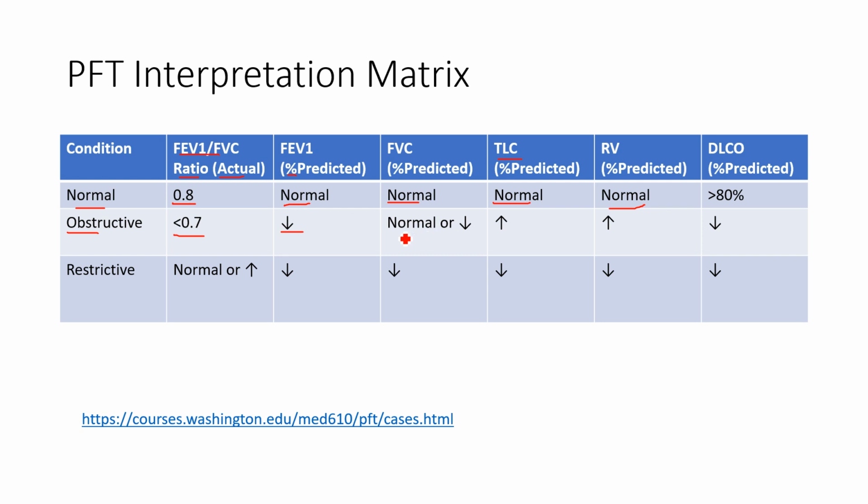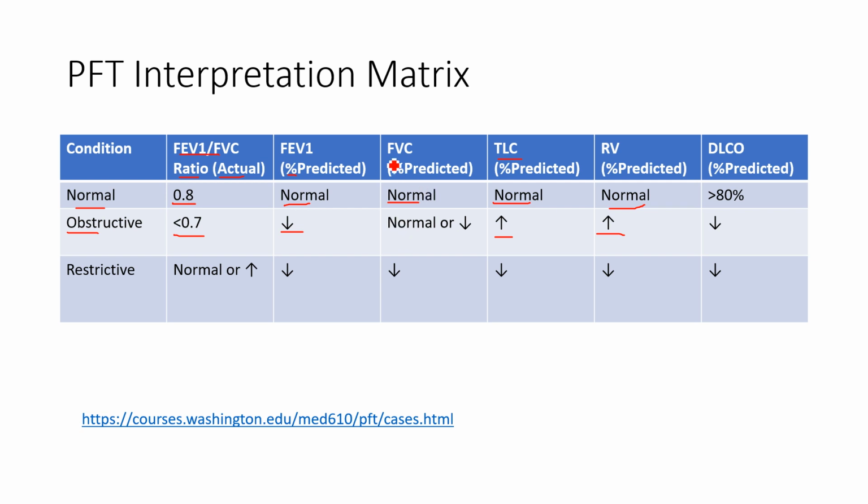Another thing that can clue us in, we should probably expect total lung capacity to be increased because they're trapping and holding on to more air. Residual volume will be increased, again, because most of the increases in total lung capacity are due to increases in residual volume. And if it's an intrinsic disease like COPD, we will see DLCO also decrease because of the disruption of the alveolar capillary interface.